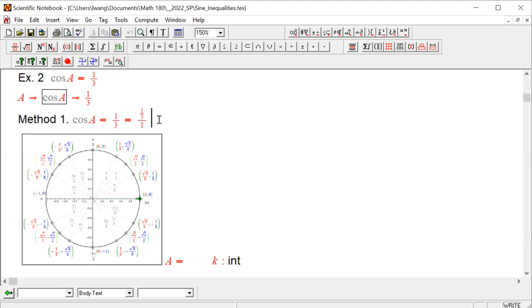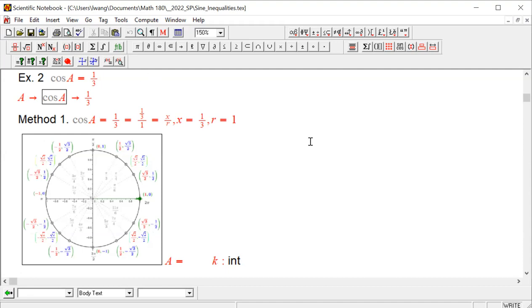We talked about this in the earlier examples, even though this is not a special terminal. According to the definition, it's x over r. X over r means x equals 1/3, and r equals 1 by definition.